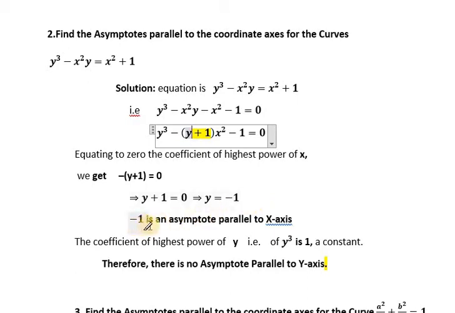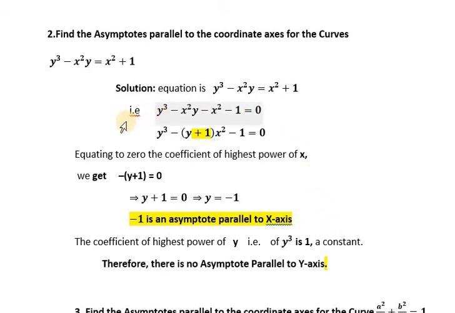Hence y is equal to minus 1 is an asymptote parallel to x-axis. When we equate the coefficient of highest power of x, that is x square's coefficient minus of y plus 1 is equal to 0, then we get y is equal to minus 1. So y is equal to minus 1 is an asymptote parallel to x-axis.